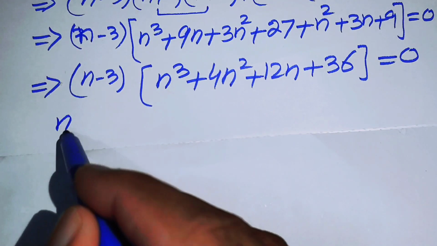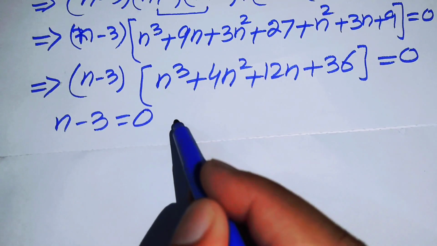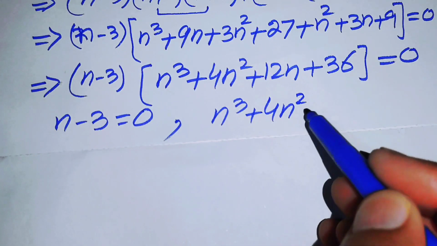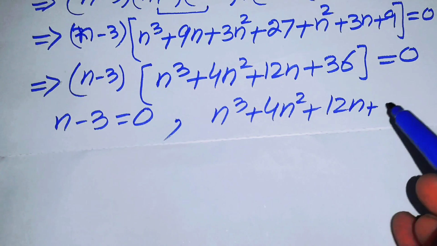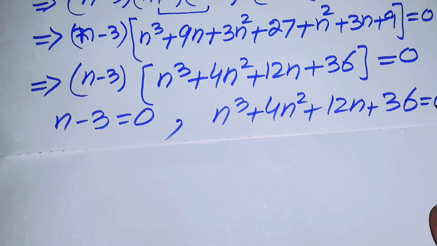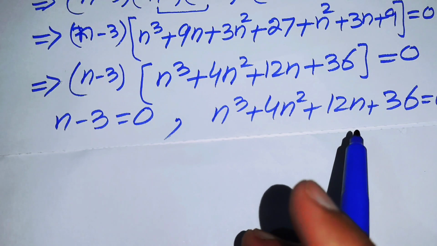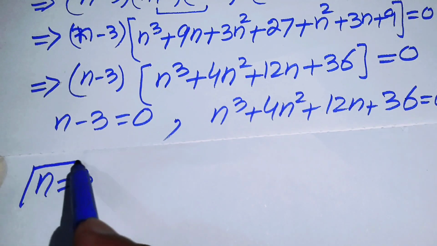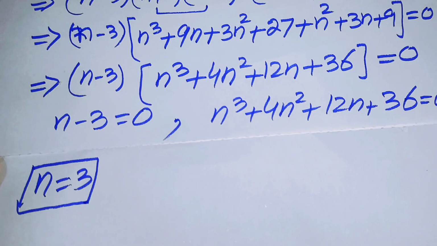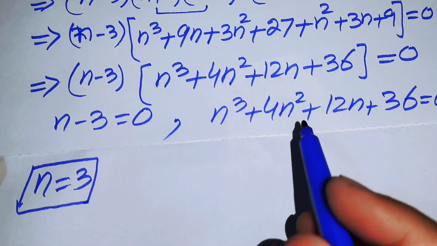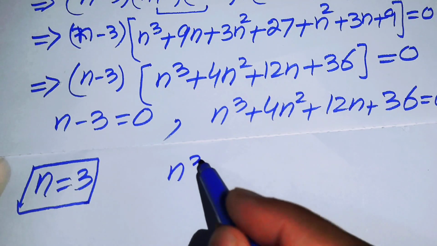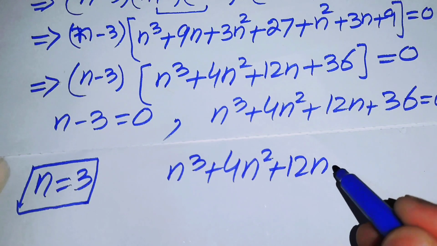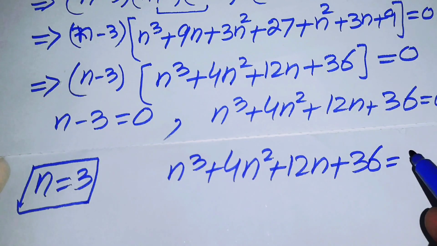The first case is we write n minus 3 is equal to 0, and the other case is we write n cubed plus 4n squared plus 12n plus 36 is equal to 0. So in the first case we get the value of n is equal to 3. So this is the first real root of the given equation. And now in the second case we have n cubed plus 4 times n squared plus 12n plus 36 is equal to 0.